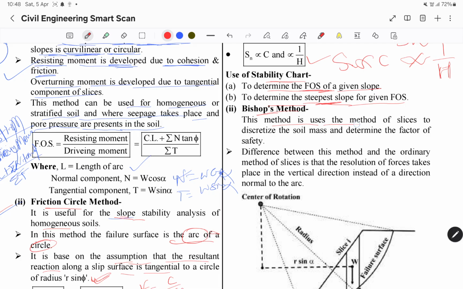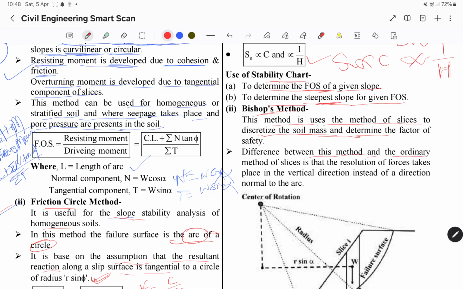Bishop's method. This method uses the method of slices, discretizing the soil mass to determine the factor of safety.